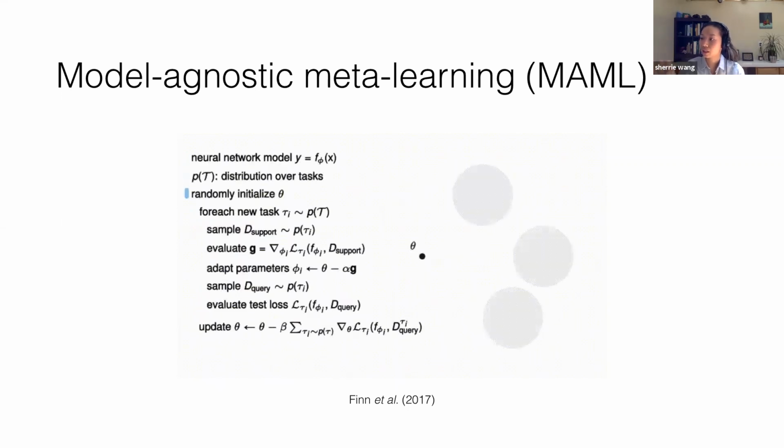That query set is then used to update the parameters theta so that the next time you use theta to adapt to your tasks, it's going to do better than before. So there are second order gradients being computed in MAML.